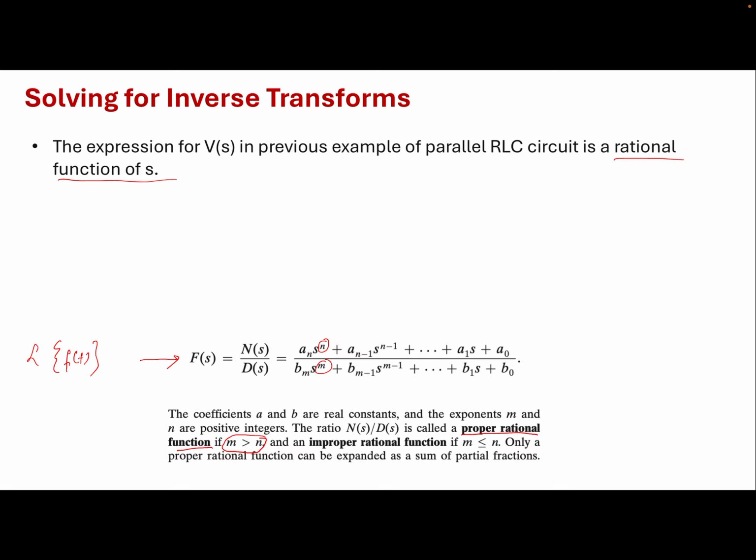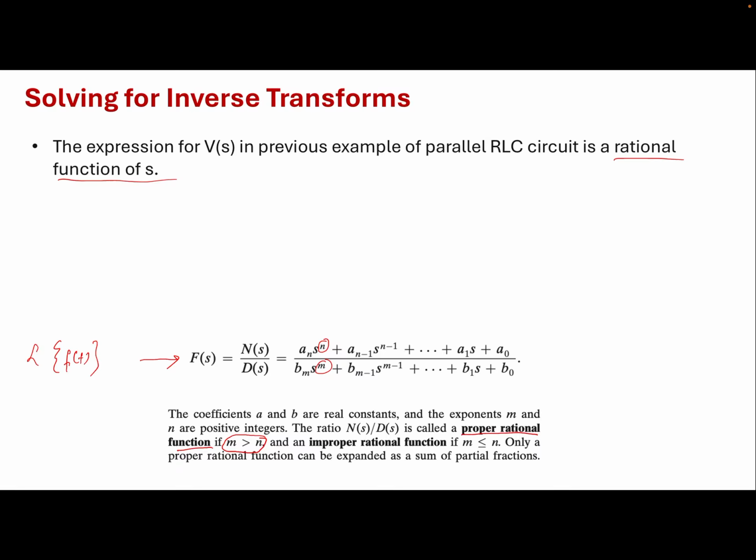Another important thing is most of these techniques that we are talking about, how to expand our rational fractions into partial fractions and solve them based on partial fractions, that makes our life easier when we do an inverse transform. Those techniques are only applicable to proper rational fractions and not to improper rational fractions.